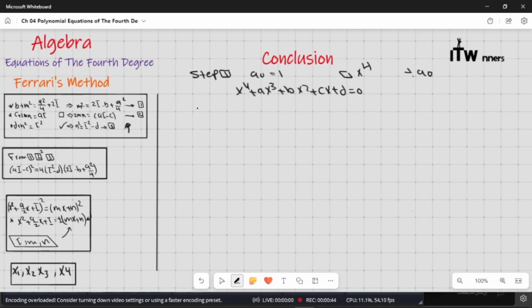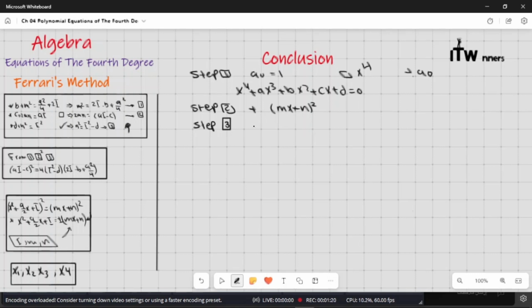Okay, step 2, we just add mx plus n squared to both sides of this equation. Okay, and perform that.